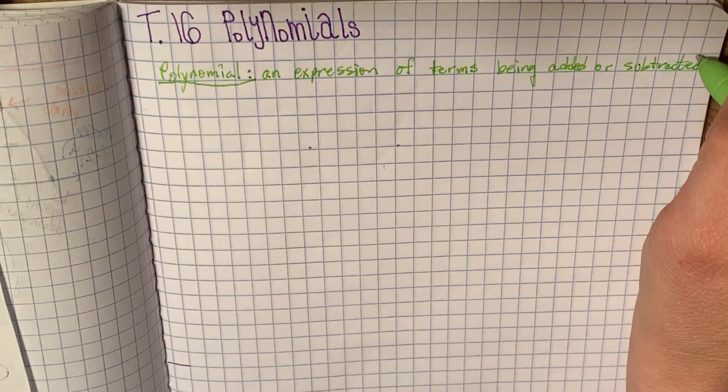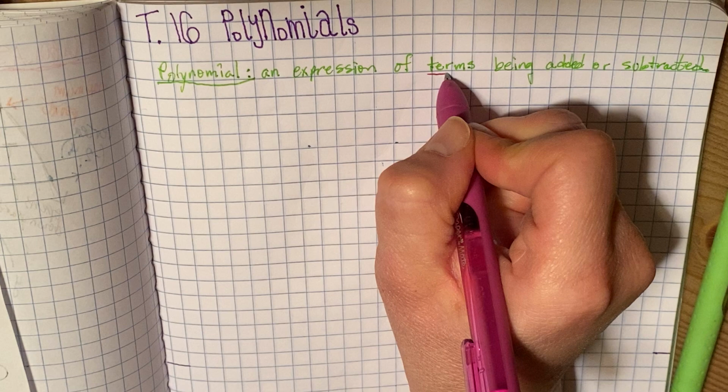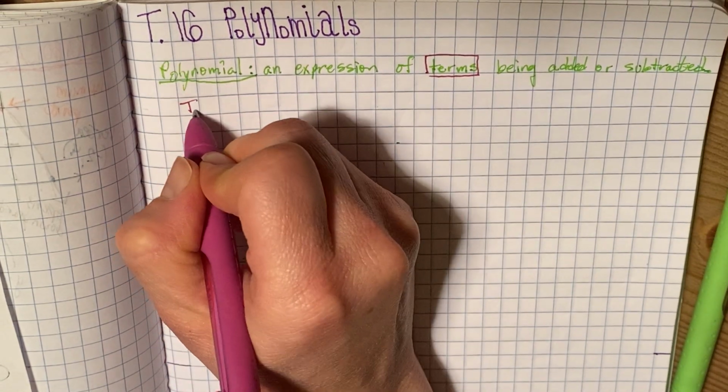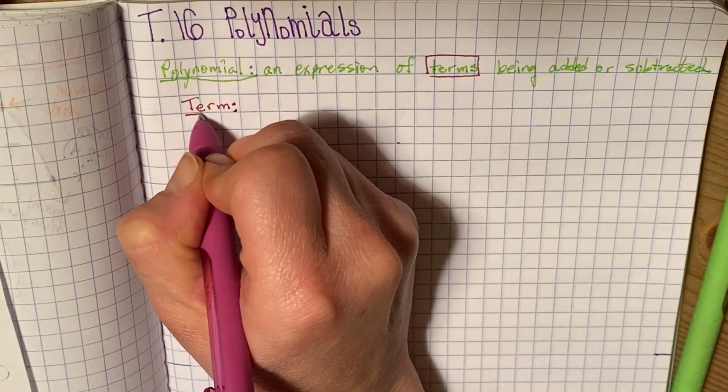Now, okay, that's great, but we have a problem. What is a term? Okay, so a term, we defined it a long time ago, but let's talk about it again.